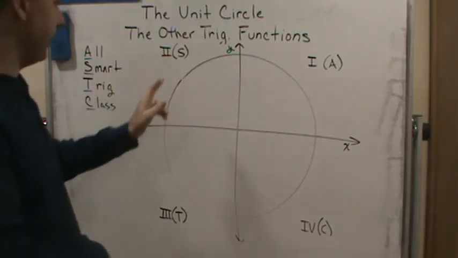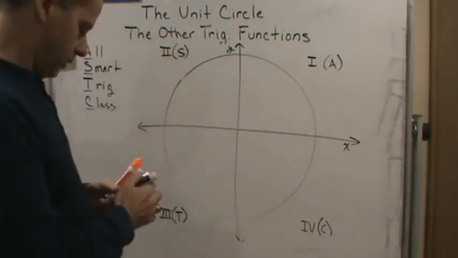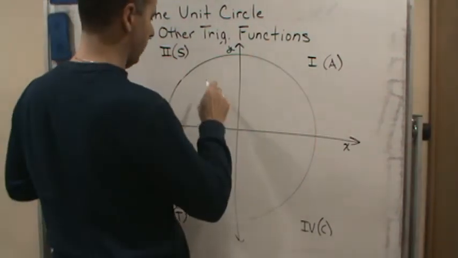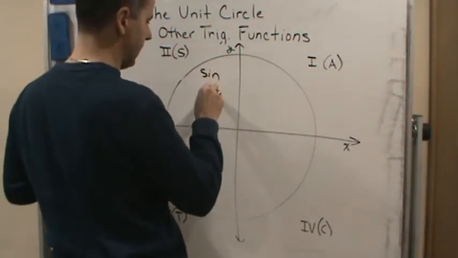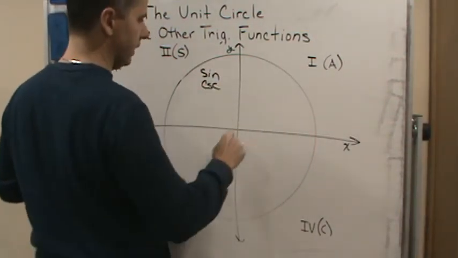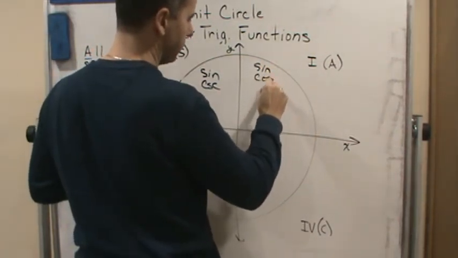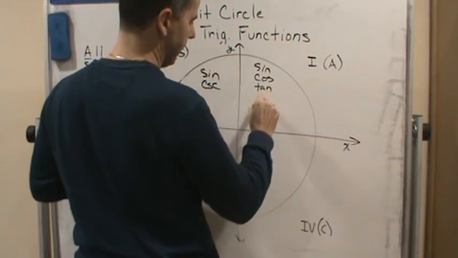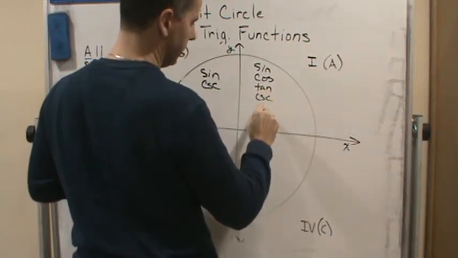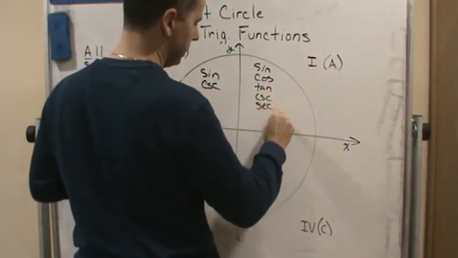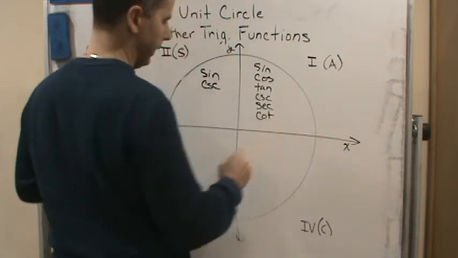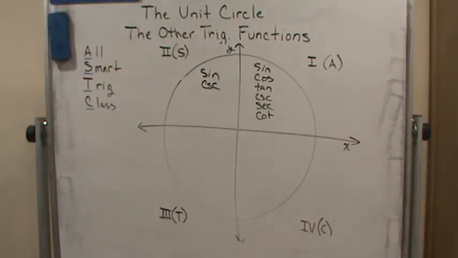So in this case, in this one here, sine and cosecant. Here it's all of them, so sine, cosine, tangent, cosecant, secant, and cotangent, right?